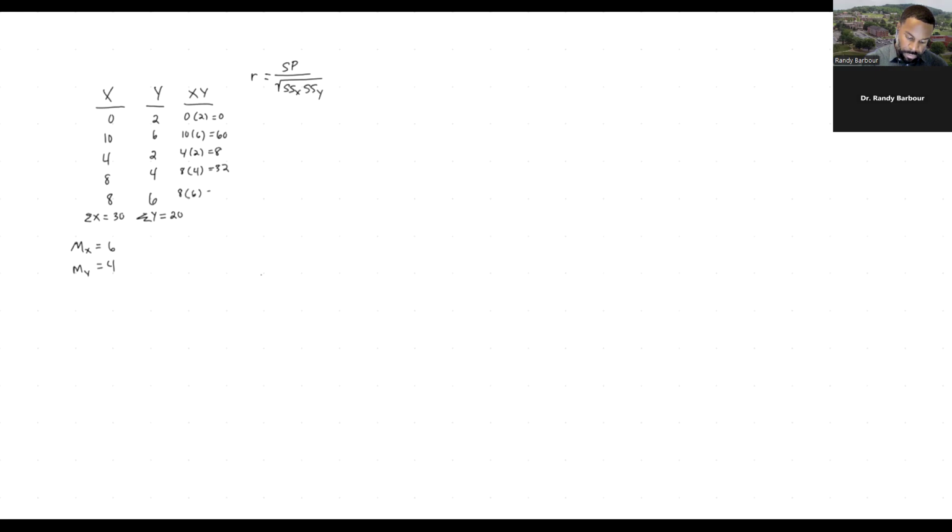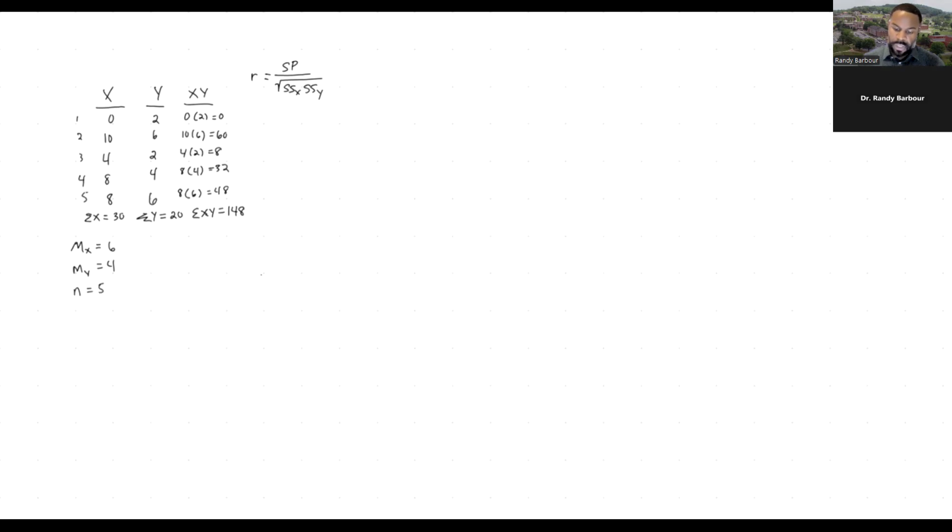So the sum of XY should be 148. Now we also have to get our N, and our N for this equation is going to be 5, because we've got 1, 2, 3, 4, 5 pairs of data.